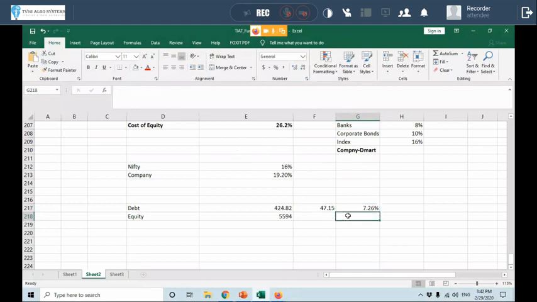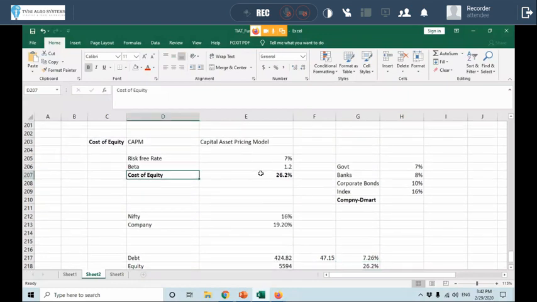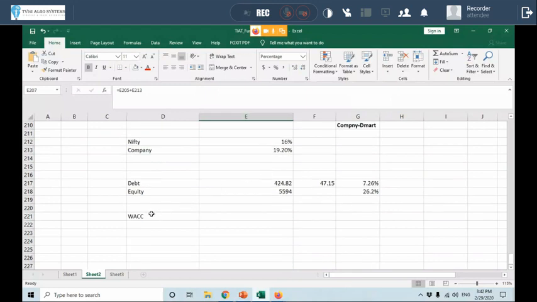Cost of equity, let's assume this is cost of equity. So now we will arrive at WACC. This is the return we are expecting. This is cost of equity, but the company has also debt, with a certain portion. So obviously now the company has debt, so your returns will come down. So what is WACC?